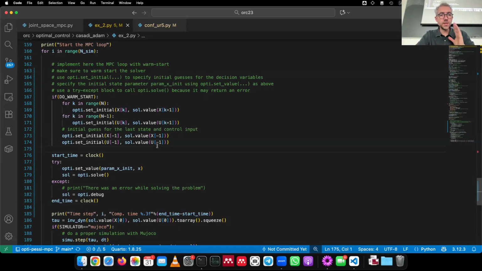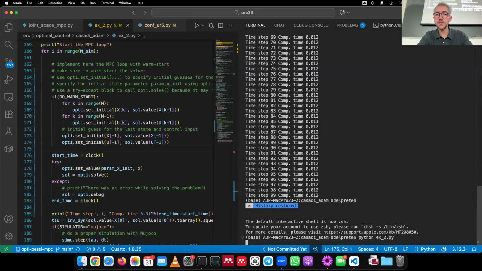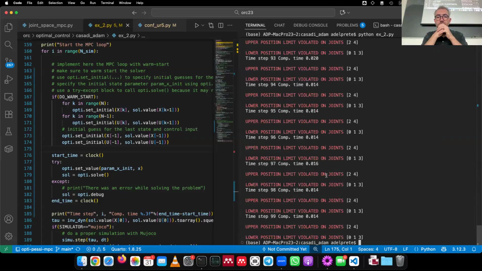So we stopped at this point, and the result of running this was not great. So if I do python x2.py, okay, my browser took too long to open, so we didn't see what the robot really did.